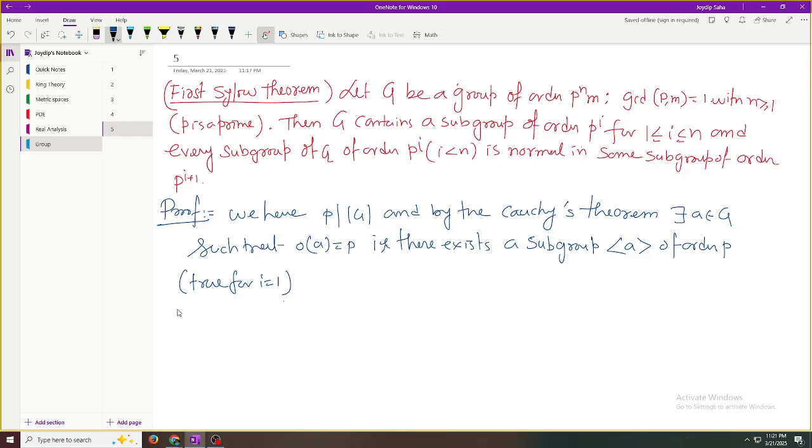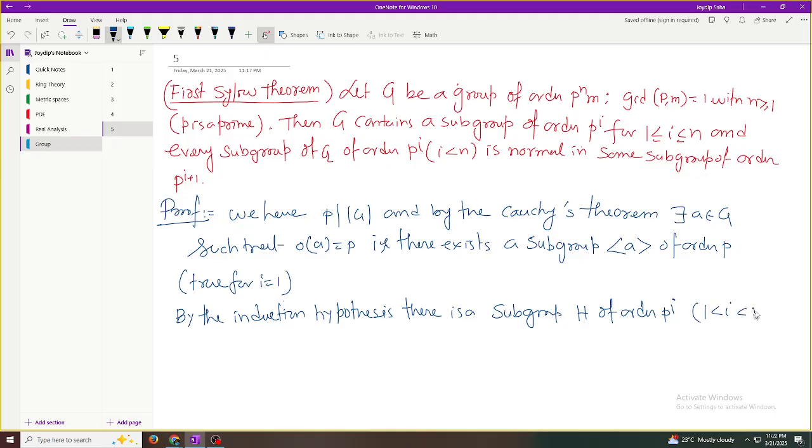By induction hypothesis, there exists a subgroup H of order p to the power i, with 1 less than i less than n.